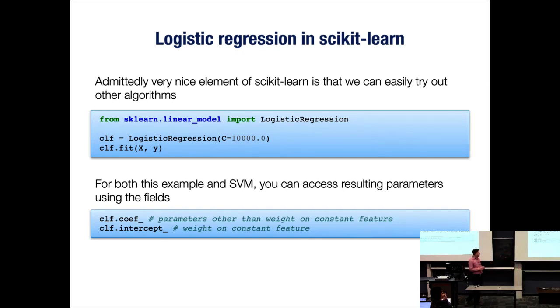By the way, you can also access the parameters for both logistic regression and a support vector machine by the coef_ call. That gives you all the coefficients except for the constant term, and .intercept_ gives you the constant term parameter.